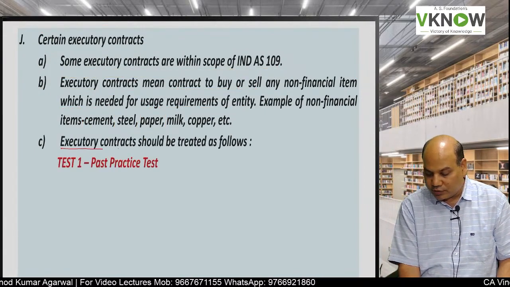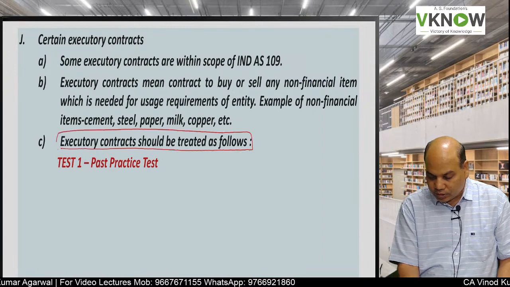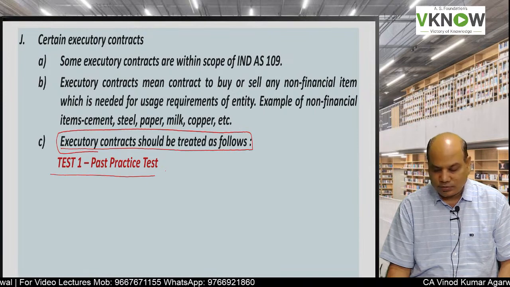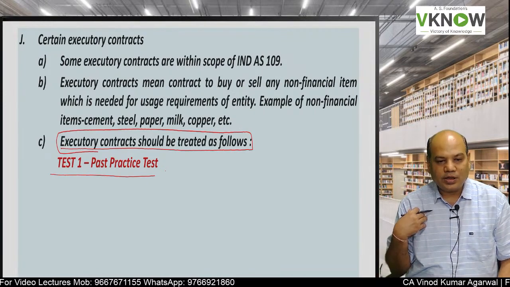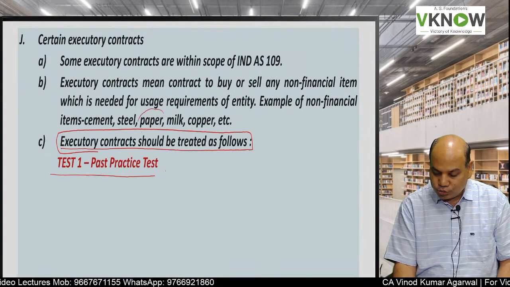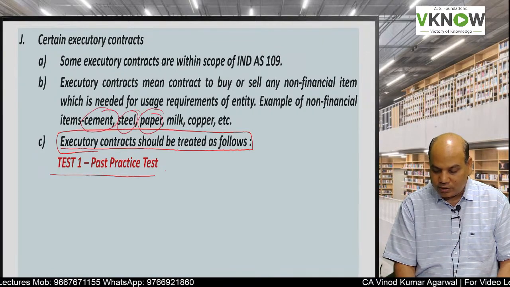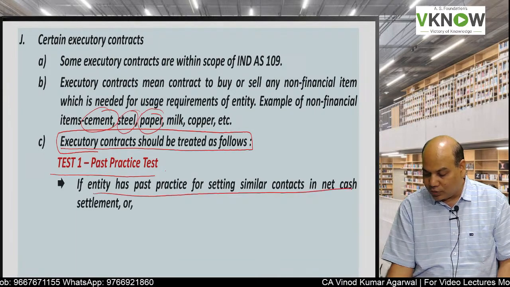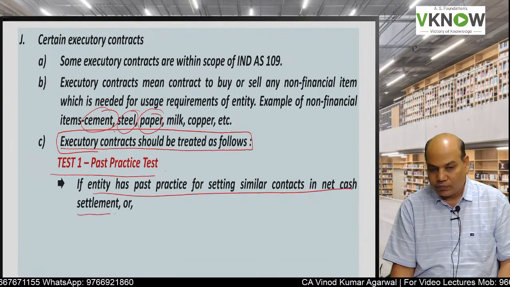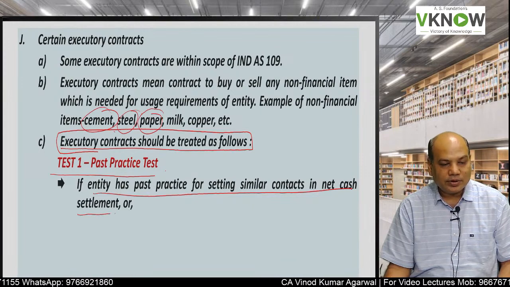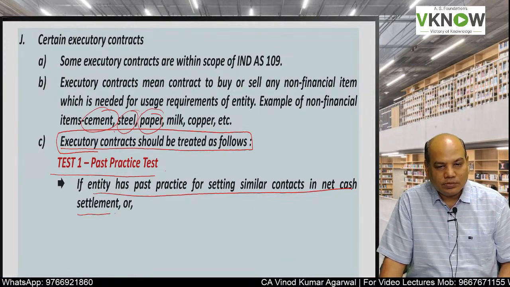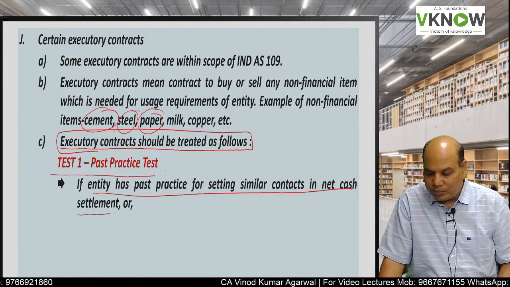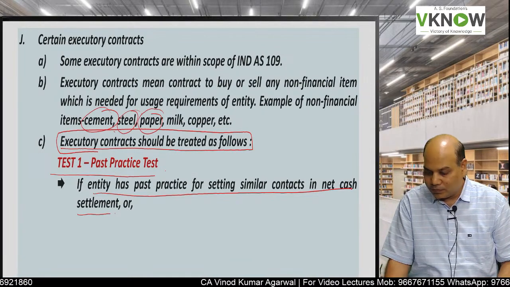So here my answer is, first we'll apply what is called past practice test. Like, I am a teacher, I have nothing to do with paper or steel or cement. I have the practice of entering into such contract in net cash settlement. That means I only receive or pay the difference. I am really not interested in steel, paper, cement, milk, copper.